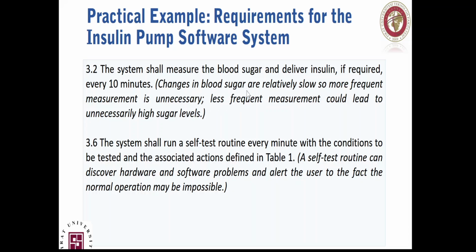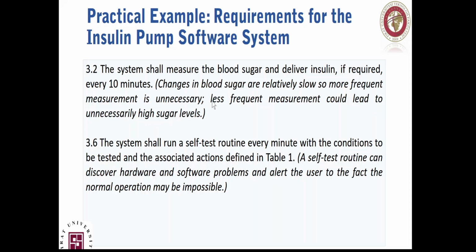Changes in blood sugar are relatively slow, so more frequent measurement is unnecessary. We don't have to measure more frequently than 10 minutes. So 10 minutes is an adequate period between measurements. Less frequent measurement could lead to unnecessarily high sugar levels.